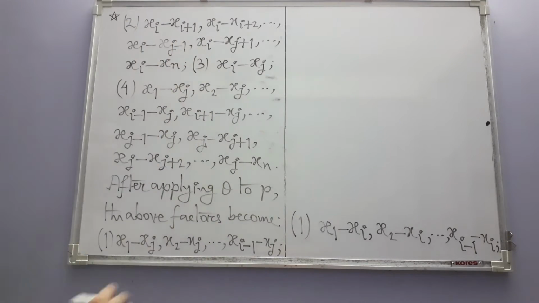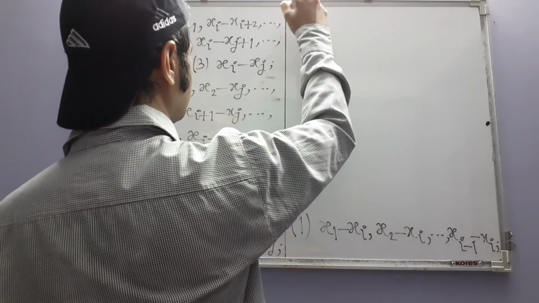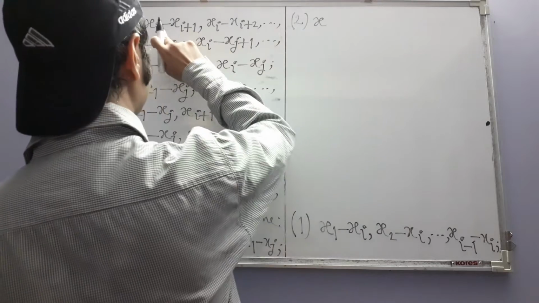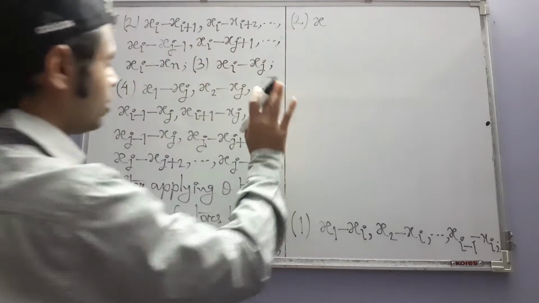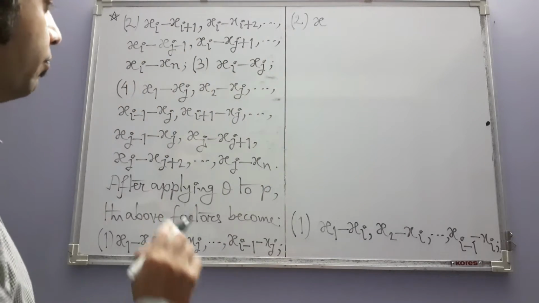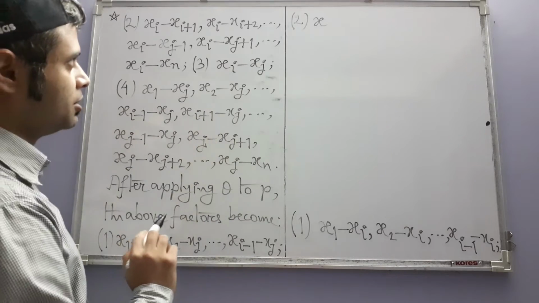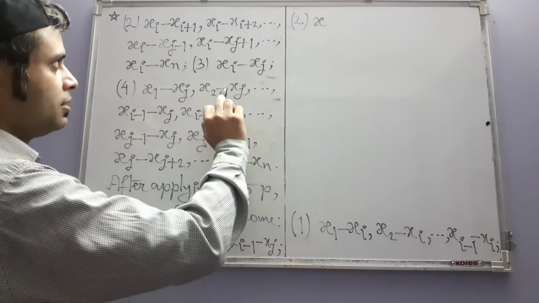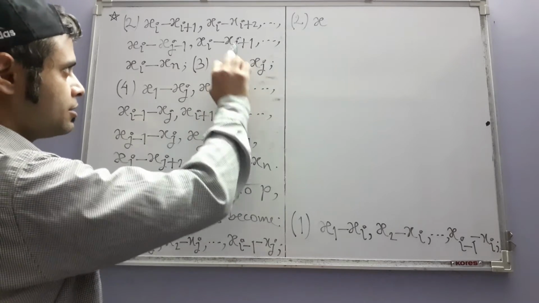Then number 2, here i will become j, all the others will not change. Don't, there is a chance of making a terrible mistake. You may think that because j plus 1 is appearing here, you should change this j to i.